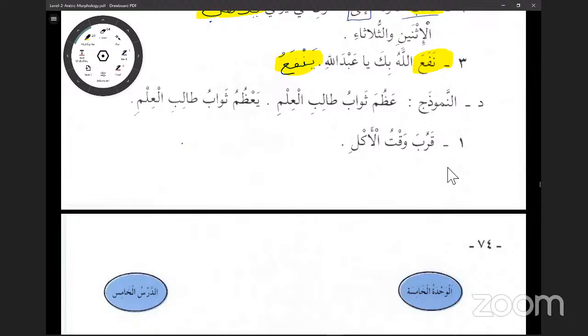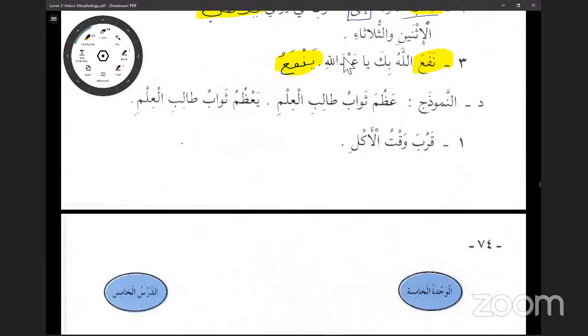Now, so number 1, inshallah, if we could have Al-Ghani. Anyas, can you read for us, please? Barakallahu feek. Assalamu alaikum. Alaikum salam wa rahmatullahi wa barakatuh. Karuba waqtul akli. Yeah, the time for eating has approached. Has approached, good.